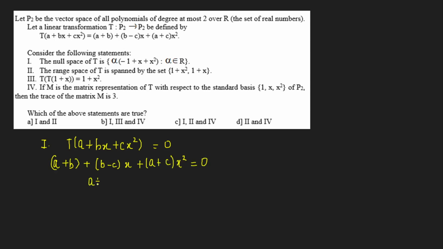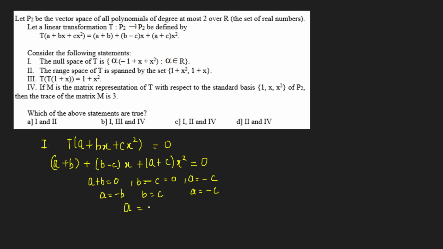From here I'll get A + B = 0, B − C = 0, and A = −C. So what would I get from here? B = C, A = −C and A = −B.